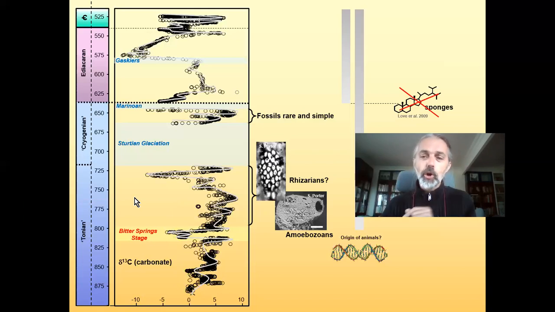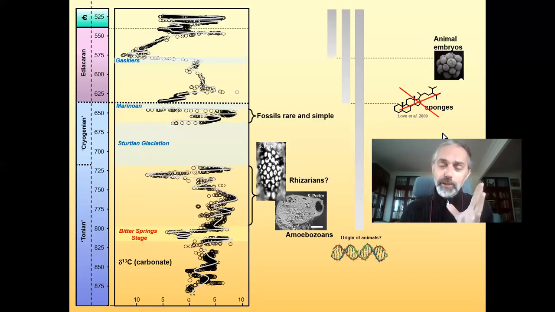So that evidence is gone. Then, at around 600 million years ago, we get the most fabulous fossils that have ever been found. These things are microscopic. These were produced from clusters of soft cells that magically were phosphatized and survived. This, in fact, is the embryo, the first cluster of cells of an embryo of an animal. 600 million years old.